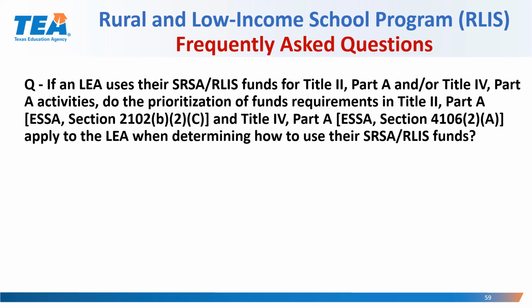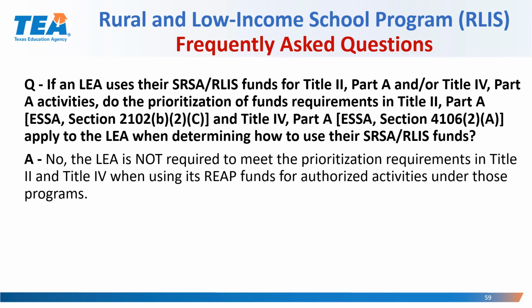Question: if an LEA uses their SRSA/RLIS funds for Title II Part A and/or Title IV Part A activities, do the prioritization of funds requirements in Title II Part A, ESSA Section 2102B2C, and Title IV Part A, ESSA Section 4106 2A, apply to the LEA when determining how to use their SRSA RLIS funds?